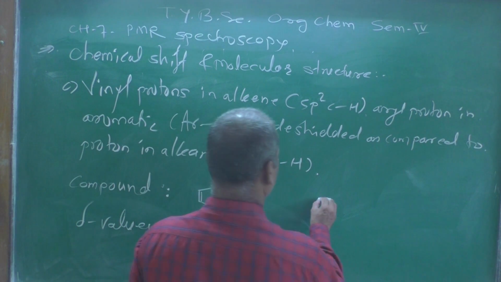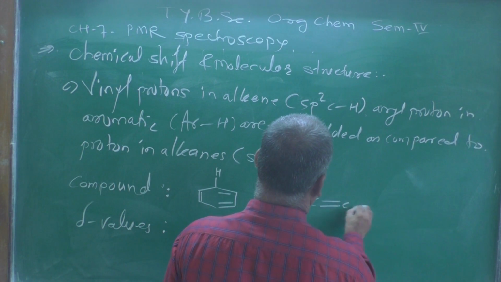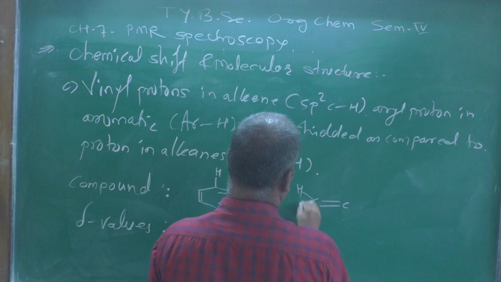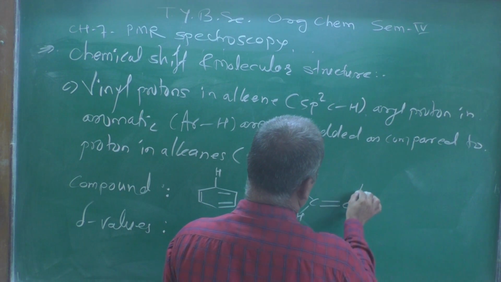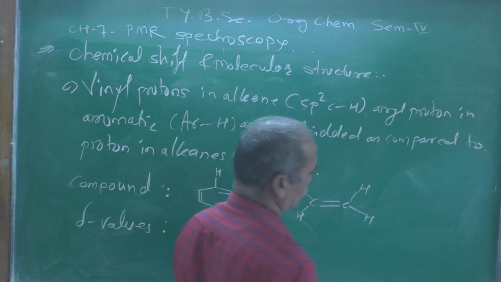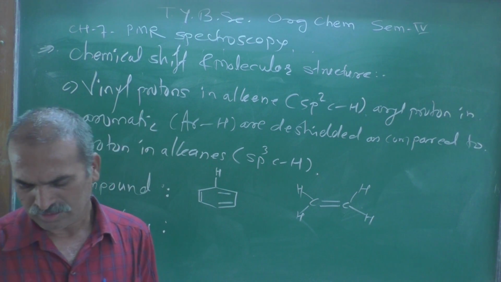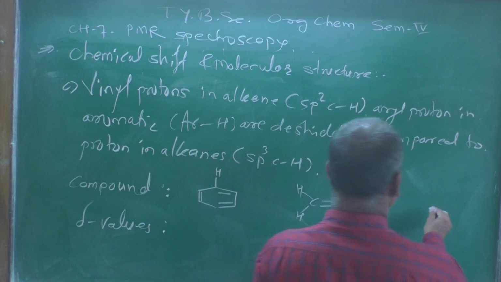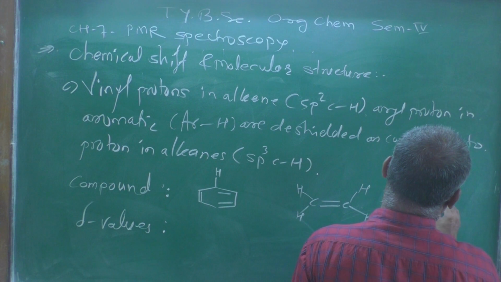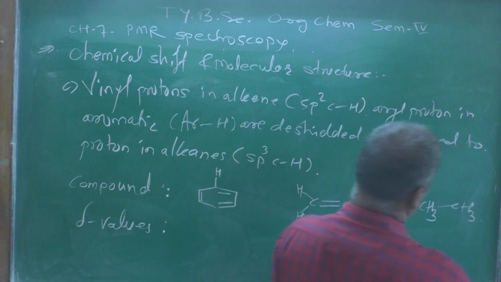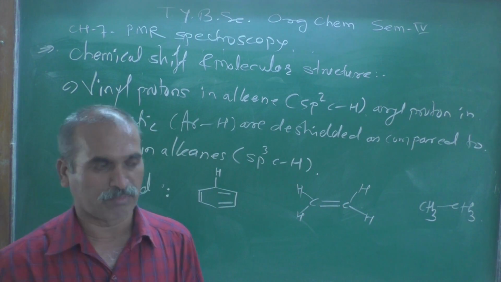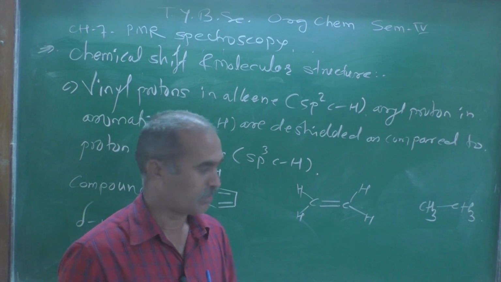Another one has a carbon-carbon double bond, that is an olefin. And the last one, CH3-CH3, is the ethane molecule. Not methane, sorry, the ethylene molecule.